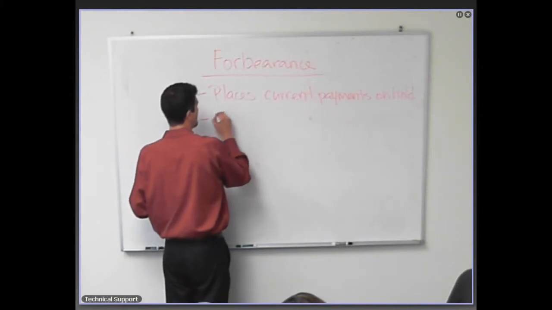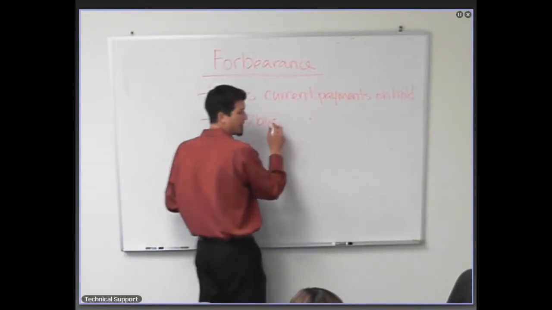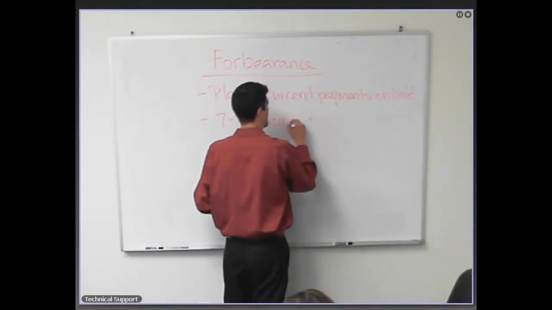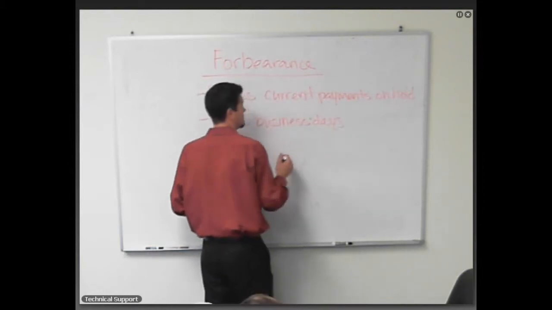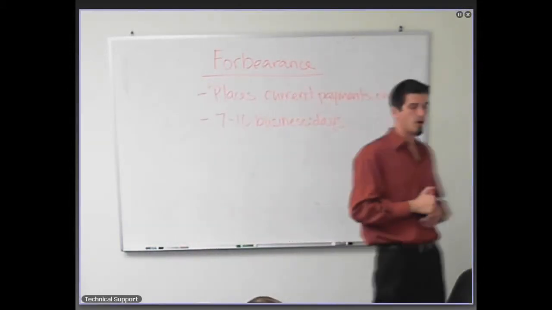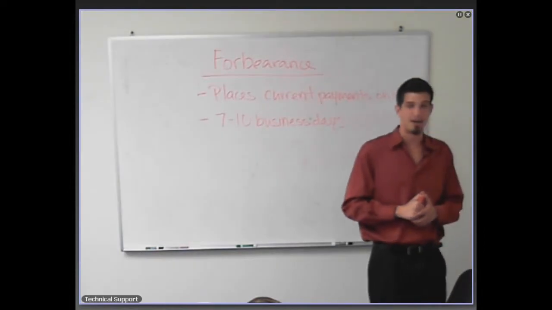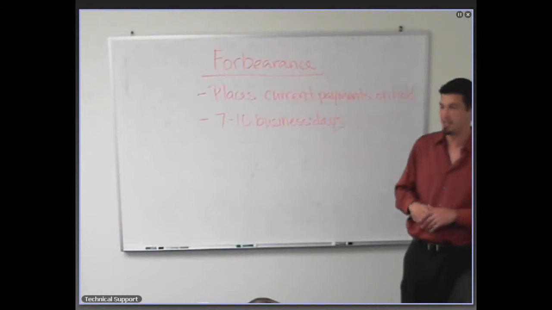And then once submitted, it's about 7 to 10 business days for a response from the lender. And again, they'll receive correspondence notifying them whether or not it was accepted or denied. In most cases, we're hoping that it gets accepted, obviously.